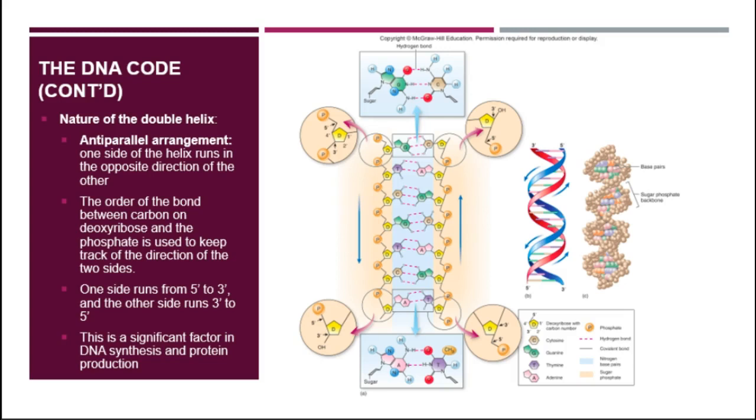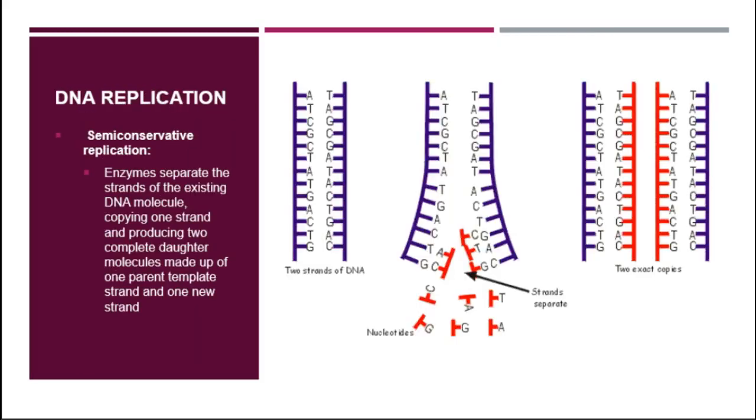So one side runs from the 5' carbon to the 3' carbon, and the other side runs in the opposite direction from 3' to 5'. And this is really important when we start looking at DNA replication and protein synthesis, what strand is used as the template in those processes.